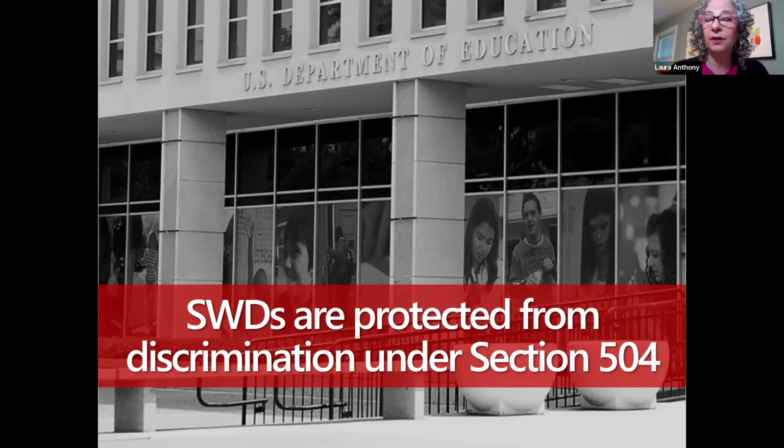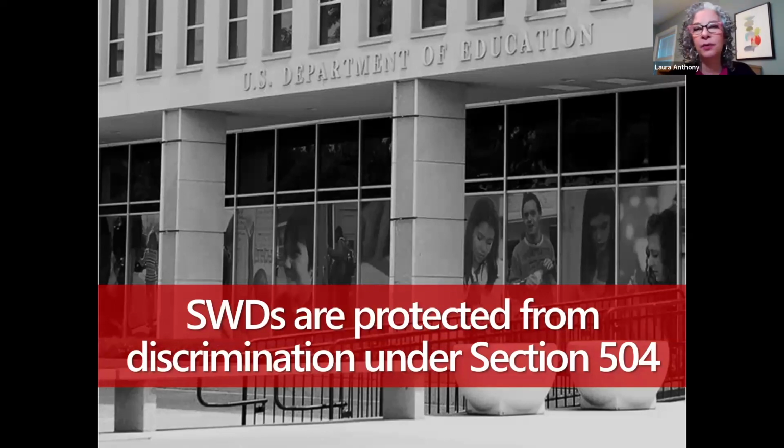So you should not be experiencing discrimination, meaning being treated differently based on a protected class such as your disability status. Just like you shouldn't be treated differently based on your race, your gender, your age, your national origin, things like that. So a student could suffer disability discrimination under Section 504 in the context of discipline.